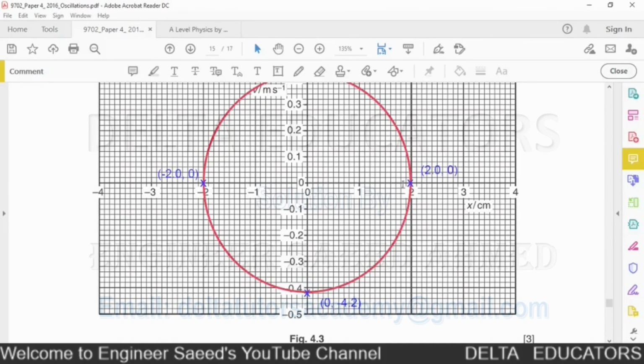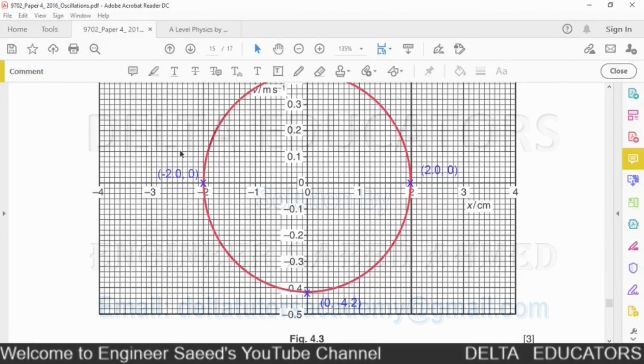Now at the maximum displacement, what is the velocity? At the maximum displacement, it is 0. So at displacement 2 centimeter, its velocity will be 0. Same thing for the negative axis. At negative maximum displacement, means at negative amplitude, its velocity will be 0.